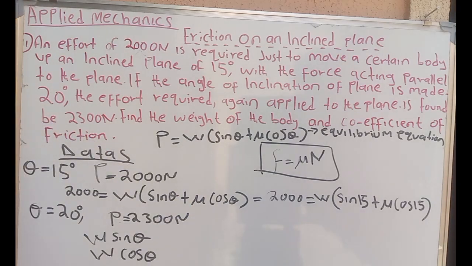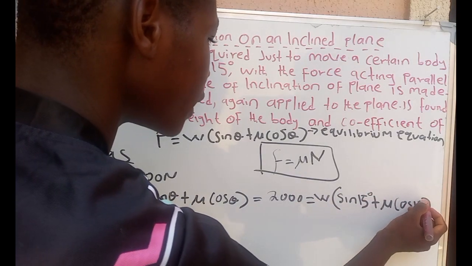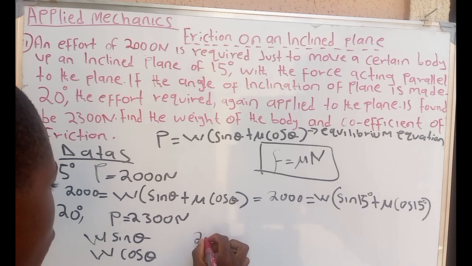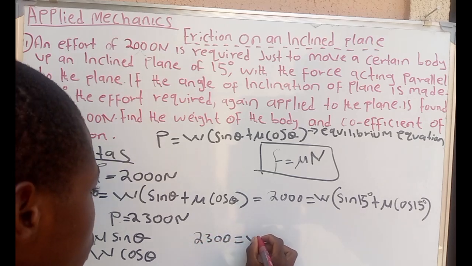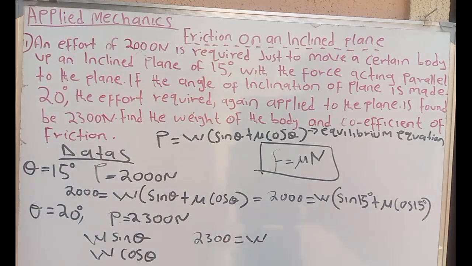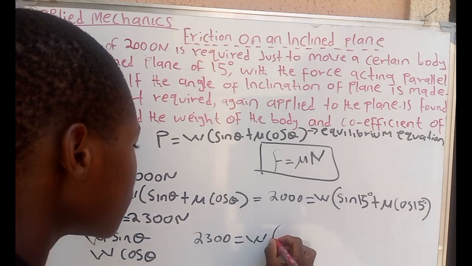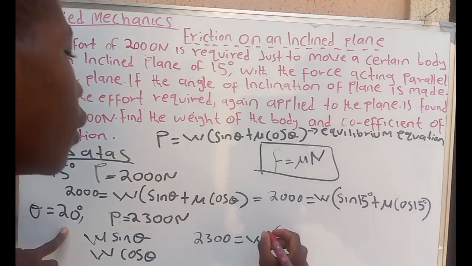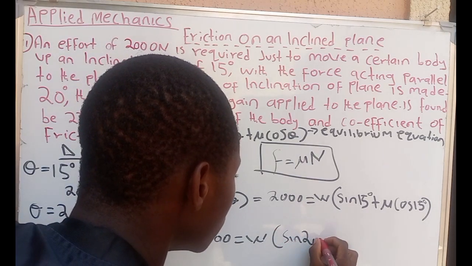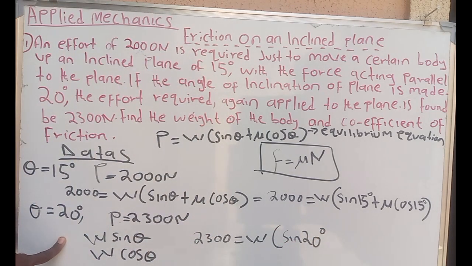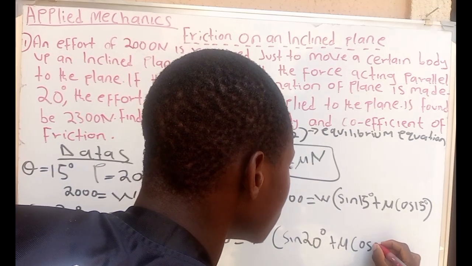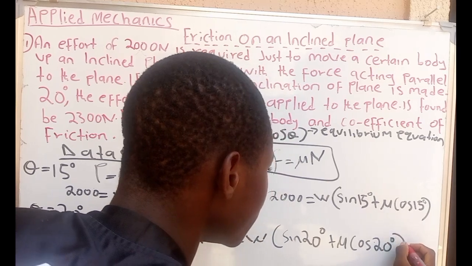And therefore our second equation: we know that P is 2300, which is equal to the weight, in brackets, with theta as 20 degrees, sine 20 degrees plus mu cos 20 degrees.